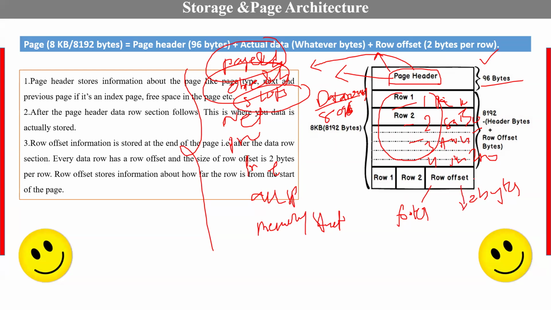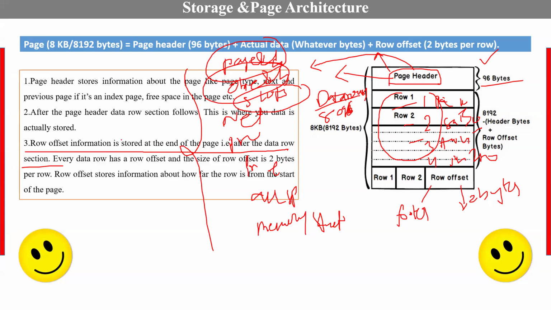Technically, we call the footer a row offset. Row offset information is stored at the end of the page, after the data rows section. Each data row has a row offset, and the size of the row offset is 2 bytes.